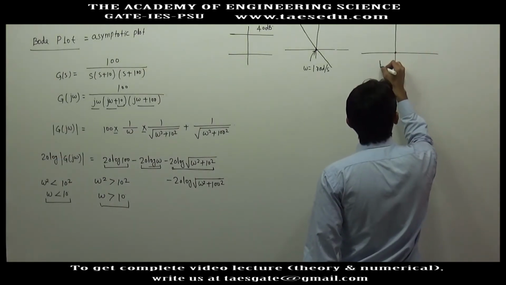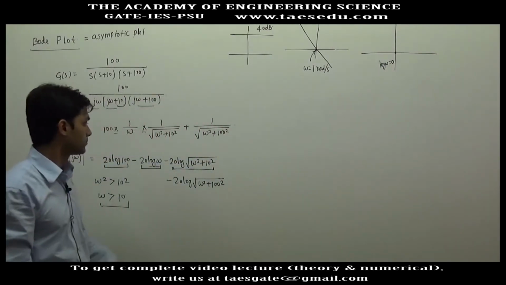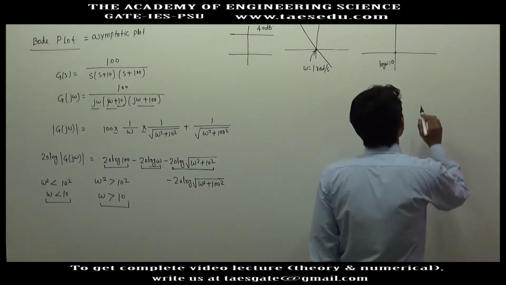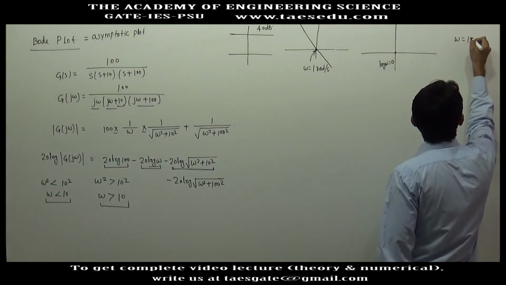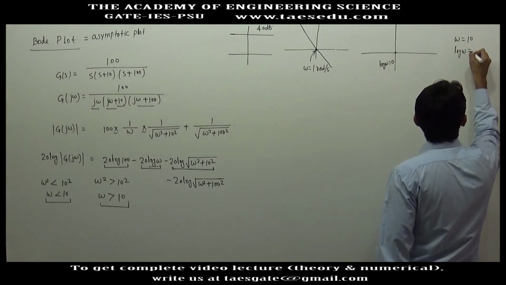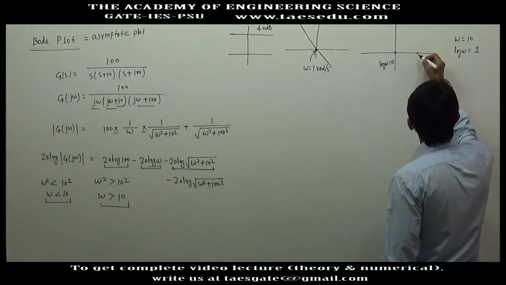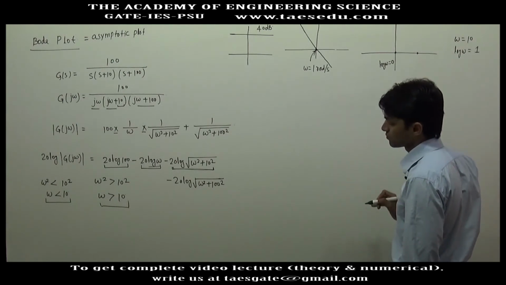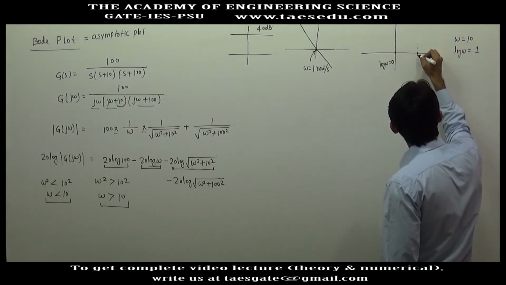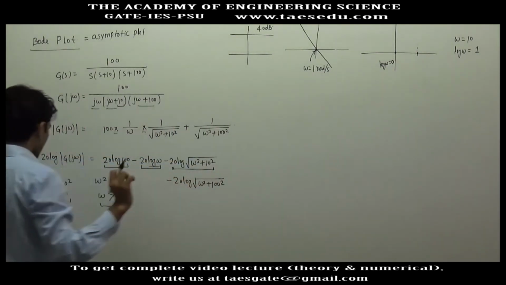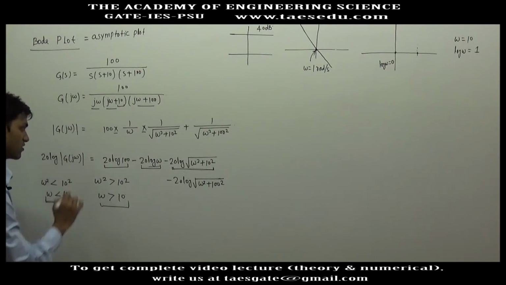Here we have taken log omega equal to 0. And what is the boundary? The boundary is at omega equal to 10. When omega is equal to 10, what will log omega be? Log omega equals 1. So the value on this axis at this point will be 1. So this is the boundary. To the left of this boundary, the asymptote corresponding to this condition will be valid.